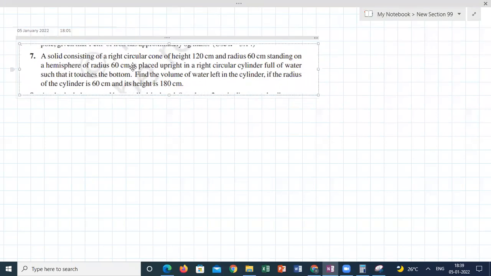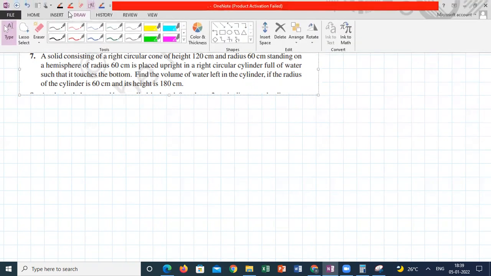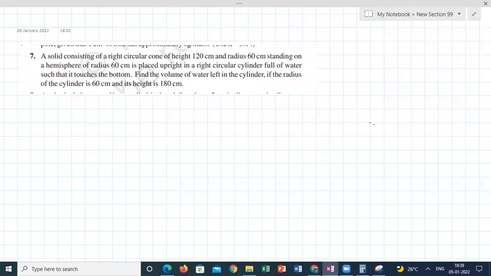A solid consisting of a right circular cone of height 120 centimeter and radius 60 centimeter and standing on a hemisphere of radius 60 centimeter. So it's like our first question. There is a hemisphere. The radius of the hemisphere is 60 centimeter and radius of the cone is also 60 centimeter.